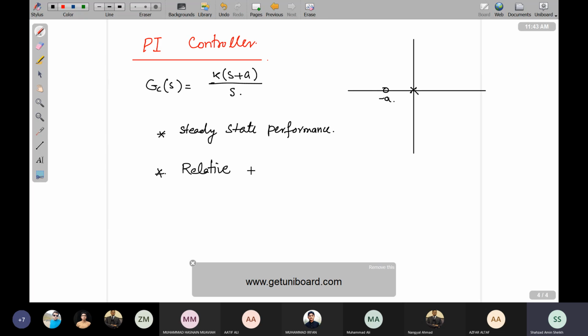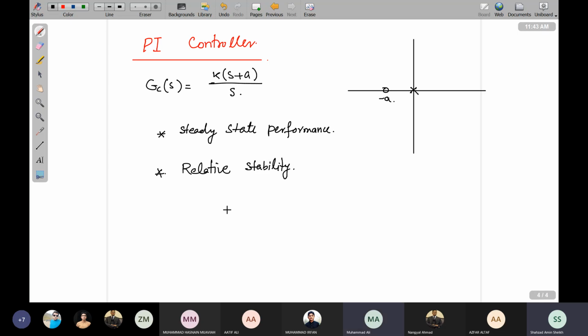So these are the two things which we are watching. When compared with an uncompensated system, what about relative stability? Does it increase or decrease? Relative stability reduces.